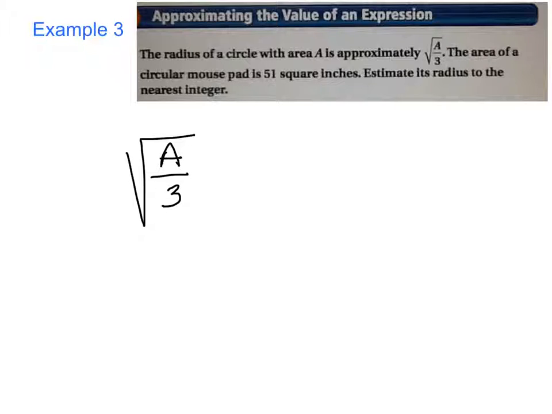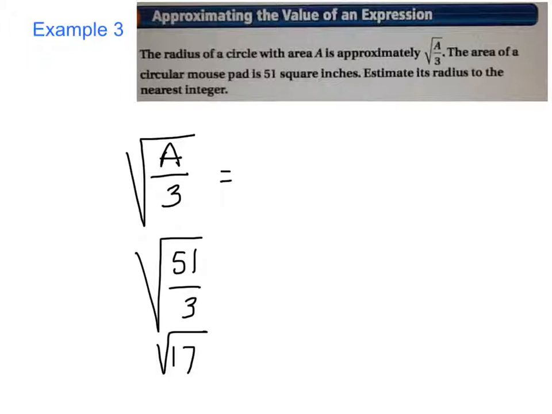So we know the area of the circular mouse pad is 51 square inches, so we're going to plug in 51. The square root of 51 divided by 3 gives us the square root of 17.